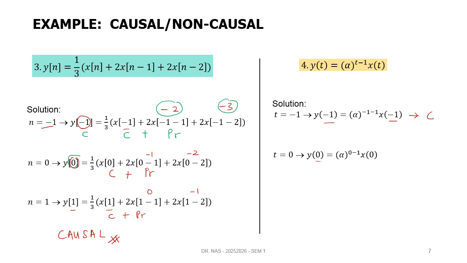The current state is 0, and you also have the input at t equal to 0. So the system is also in the current state. Next, when t equal to 1, this is the current state of the output, and the input is also at the same t value. So this is the current state. Again, there are no future values, so the system is again causal.